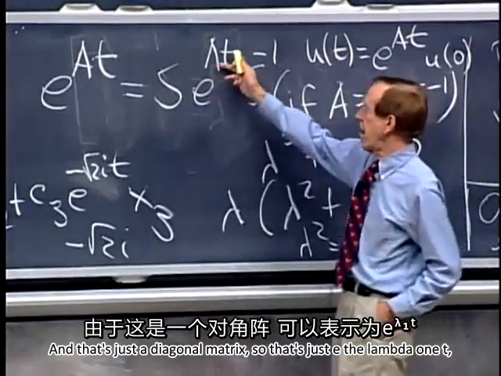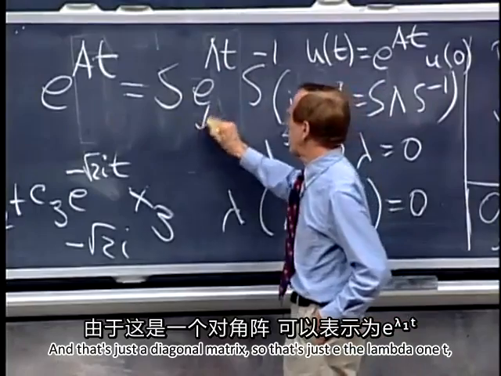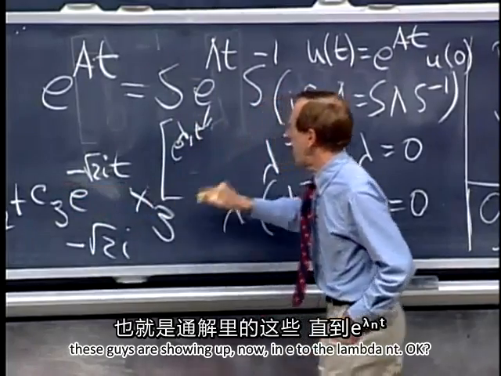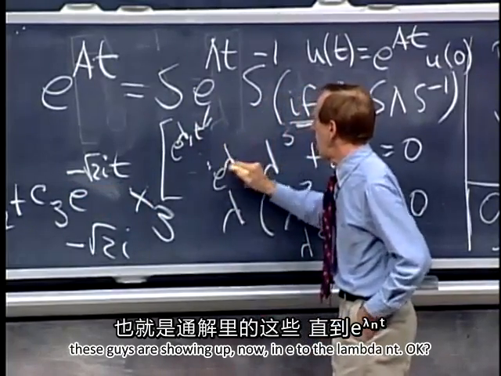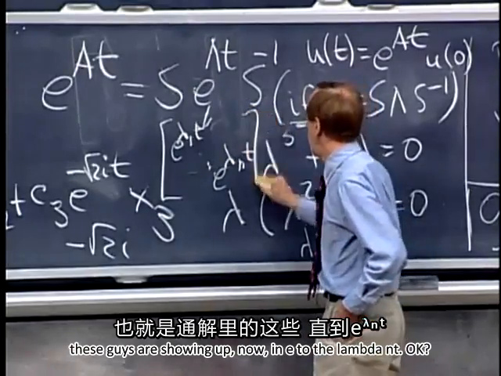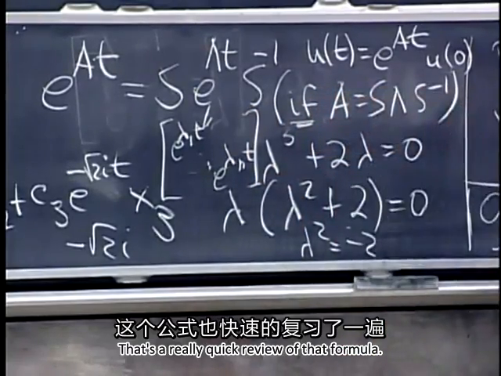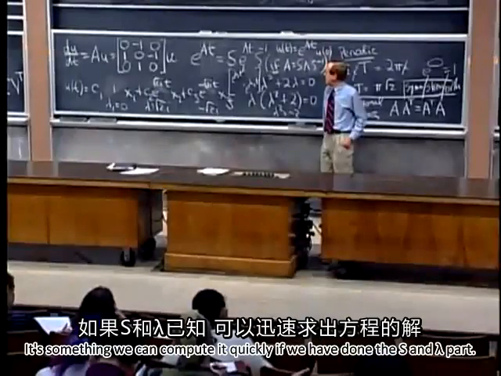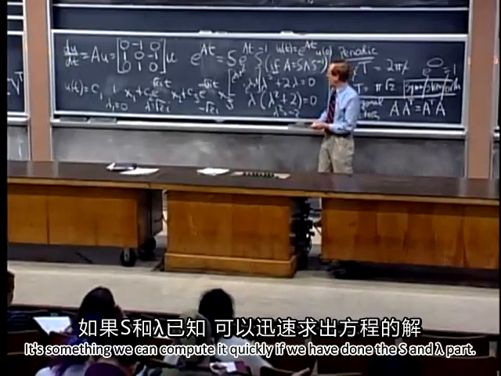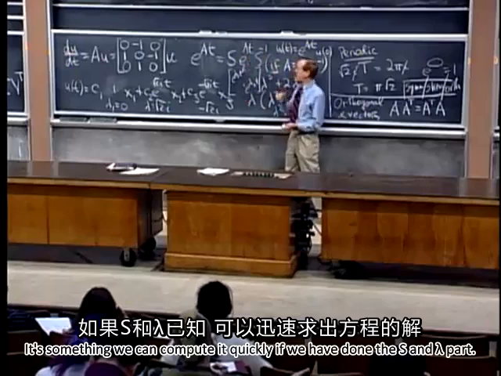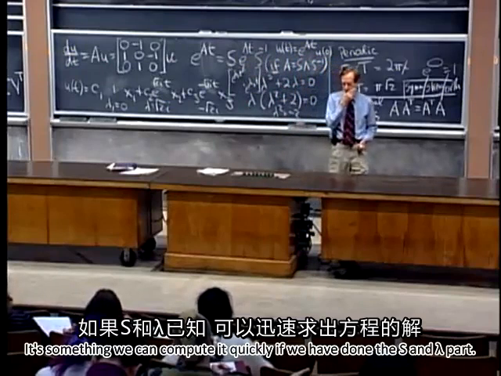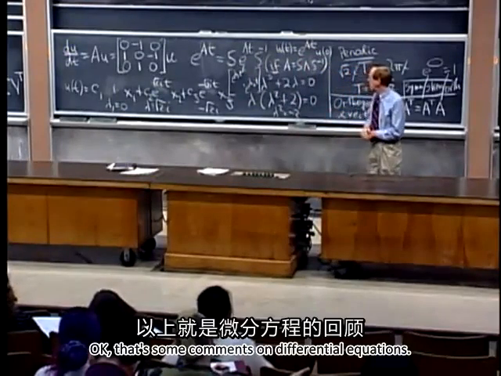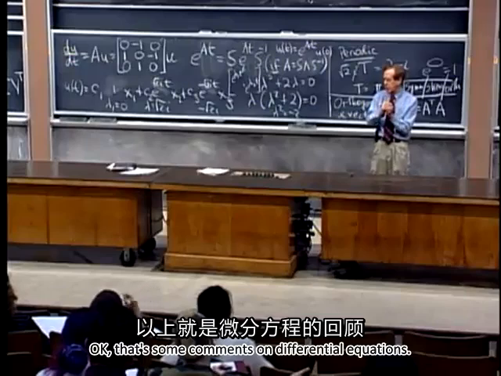And that's just a diagonal matrix, so that's just e to the lambda 1 t, up to e to the lambda n t. Okay? That's a really quick review of that formula. We can compute it quickly if we have done the S and lambda part. If we know S and lambda, then it's not hard to take that step. Okay, that's some comments on differential equations.